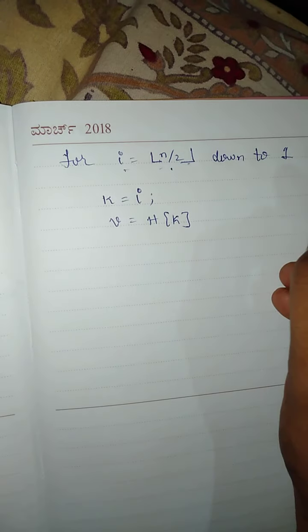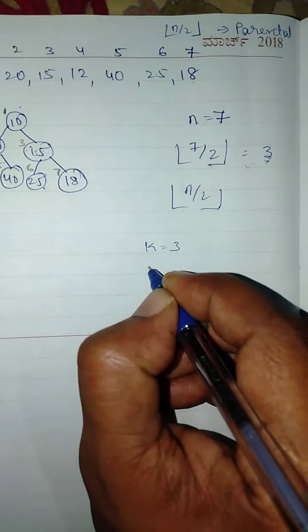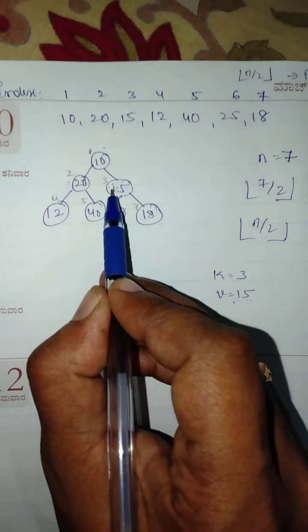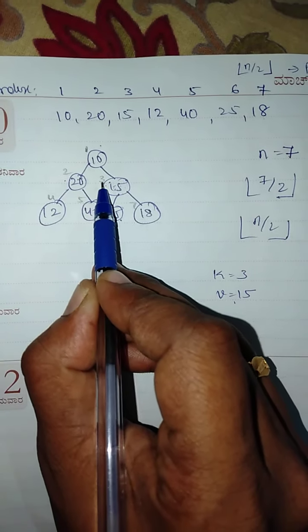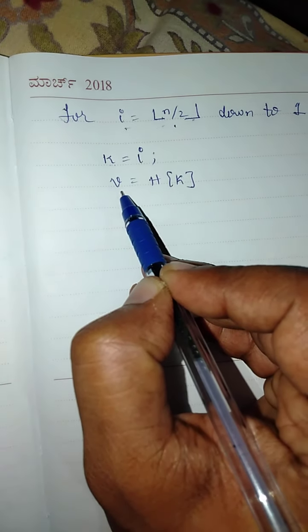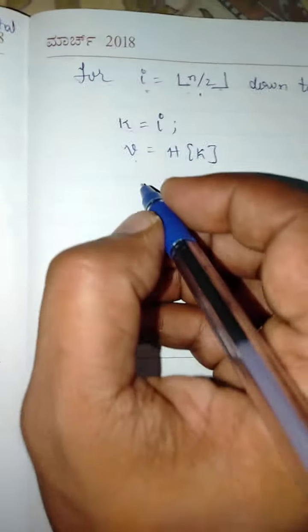So I will write the values here. Initially this k value is equal to 3 and v is equal to 15. That is the meaning, because we have to consider the element at this index. Index is 3, element is 15. k is equal to i, index is k, element is v. Okay, right.